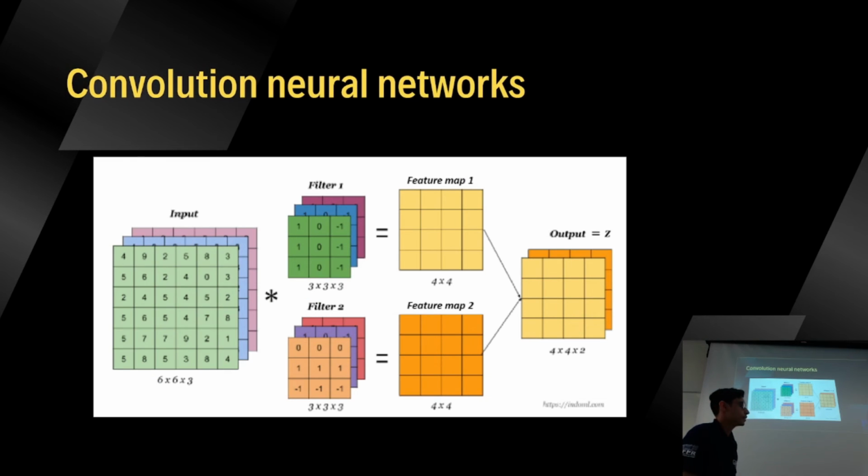So what happens in a convolutional neural network is similar to the neural networks with the neurons, but what we have now are these filters here. In the neural network with neurons, we learn the weights and biases, and here we learn the filters.